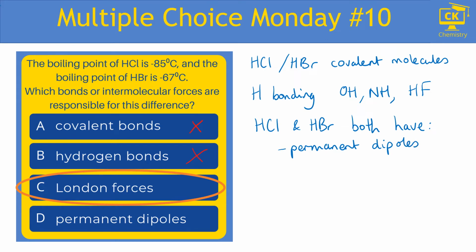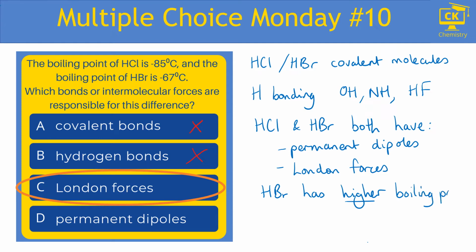And they also both have London forces, which you may also know as van der Waals forces or instantaneous induced dipole attractions. So the question is, which one of these is responsible for the fact that HBr has a higher boiling point? And that's the key thing.